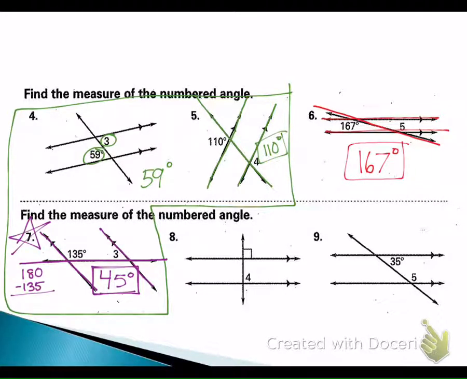Or no, look. Wow, what I said out loud was wrong. Number 7, they're supplementary. It's the same side interior. I said congruent, but that's not right. I bet a lot of you will do that on your quiz, so try to ignore what I just said. We still gotta take some notes.